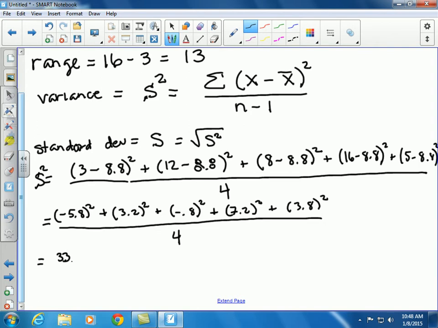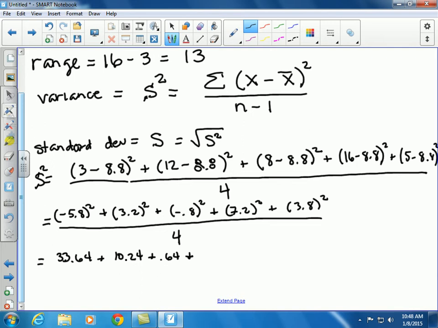So negative 5.8 squared is 33.64. 3.2 squared is 10.24. 0.8 squared is 0.64. Again, notice it went positive because I squared it.